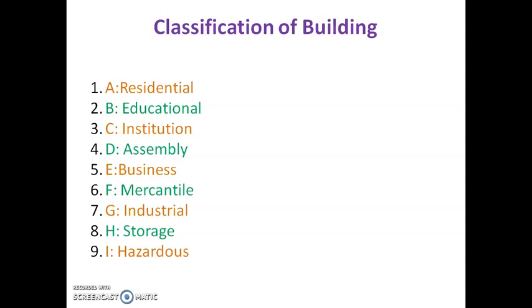Storage, for storing of material, chemicals or anything else. And hazardous building. Hazardous means where we are supposed to store explosives, in the form of chemicals or other varieties of forms. That building is known as a hazardous building.